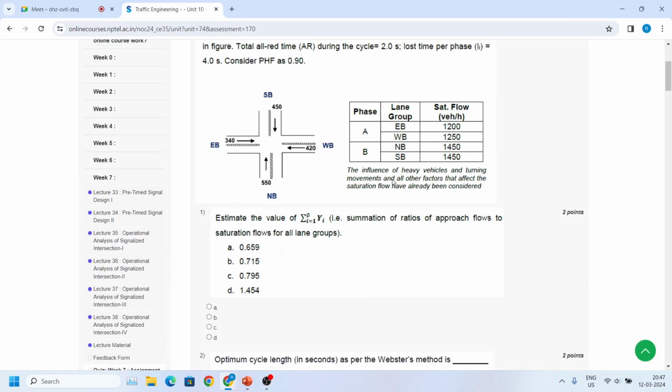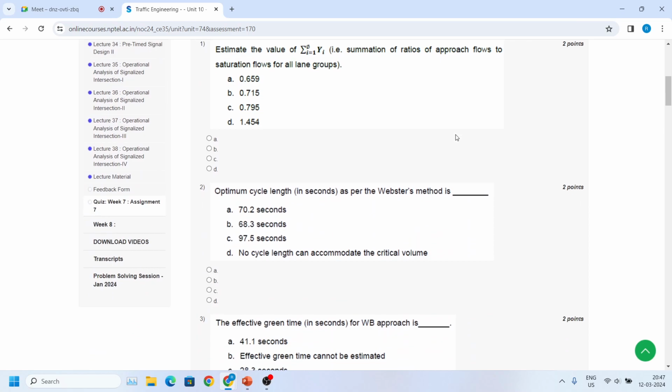So saturation flow is known. The skew values are also known. So that kind of acts like the YI for that portion, and then you have the summation of YI, and then you multiply it with the total effective green time.